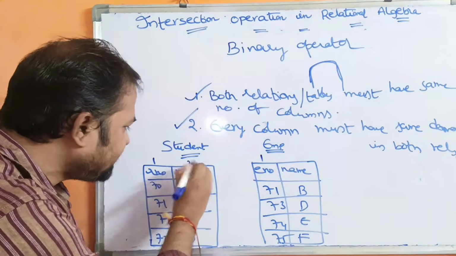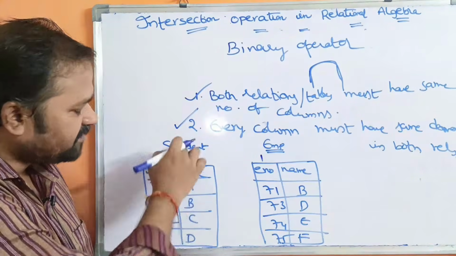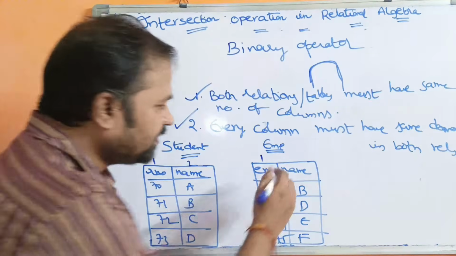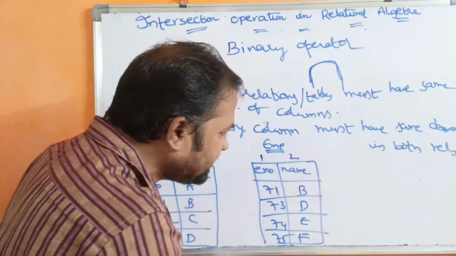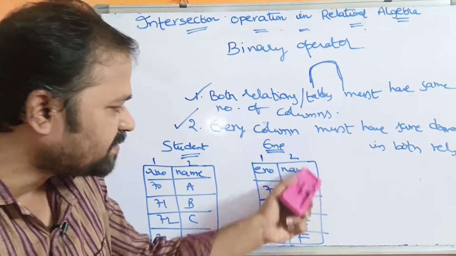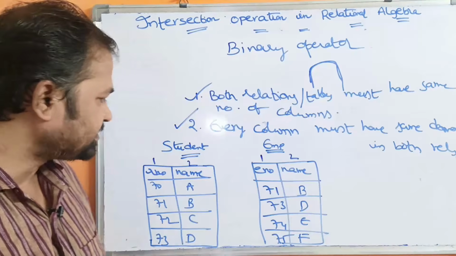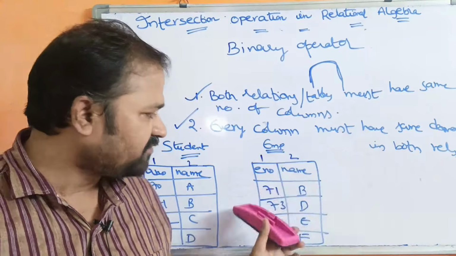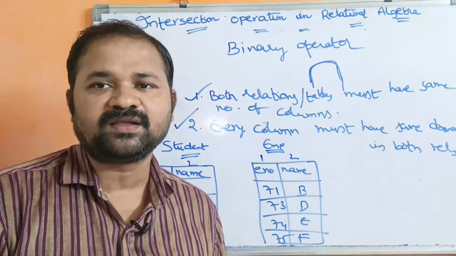Likewise, the second column in the first relation accepts names, some characters. Here also the second column of the second relation accepts characters. So we can say that the second column of both relations has the same domain, character.